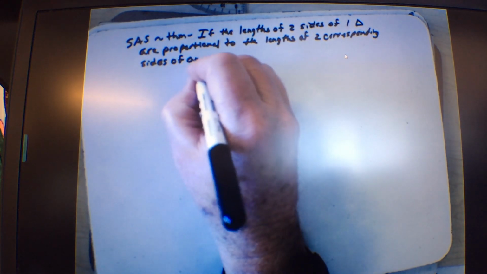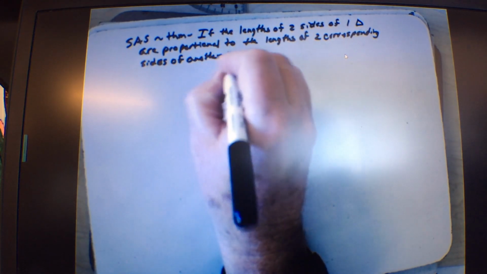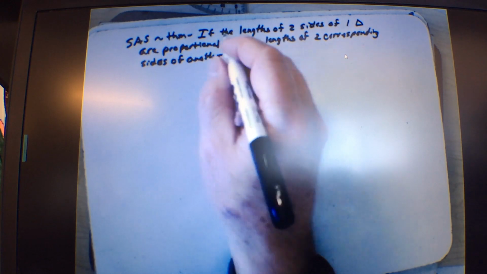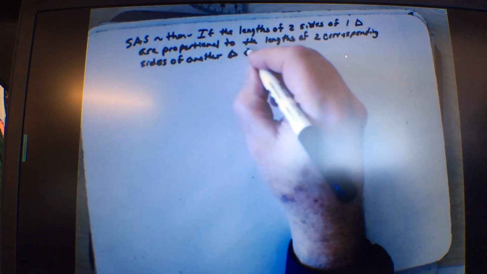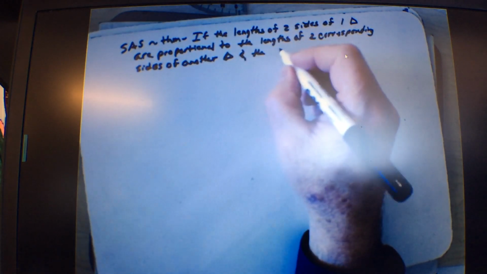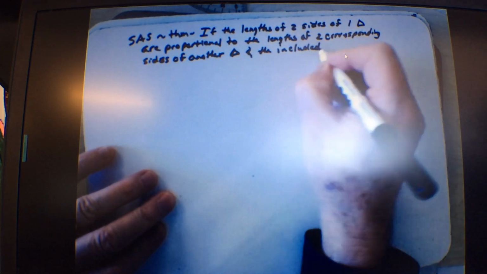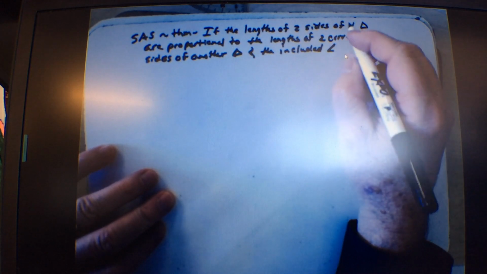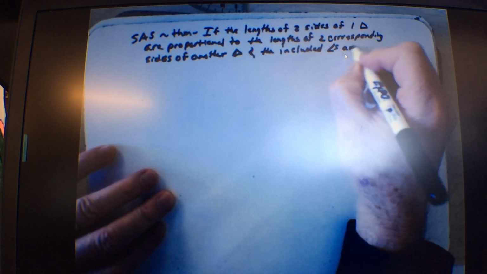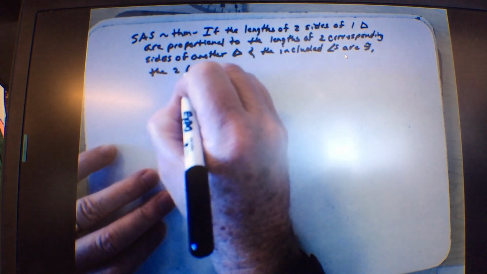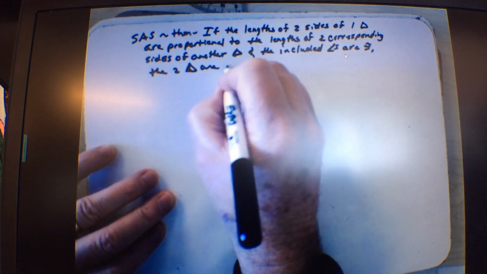Of another triangle. And the included angles are congruent, this one's a long one, the two triangles are similar.